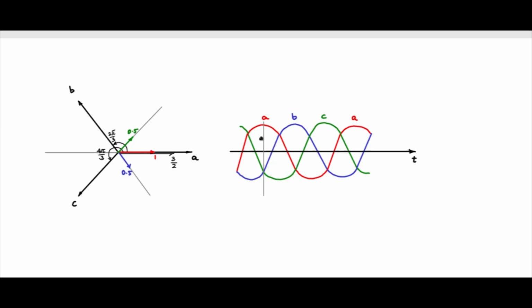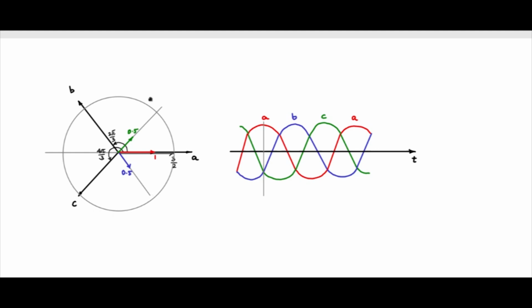Now let's say, as an example, these could be phase voltages or phase currents. If you move this reference line along the time axis, smoothly along the time axis, this vector here will transcribe a smooth circle of radius 3 by 2.